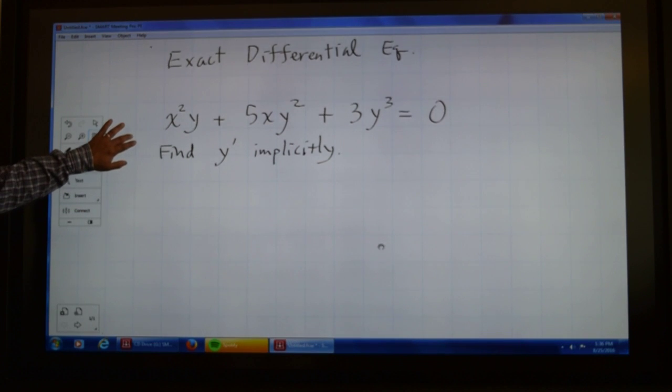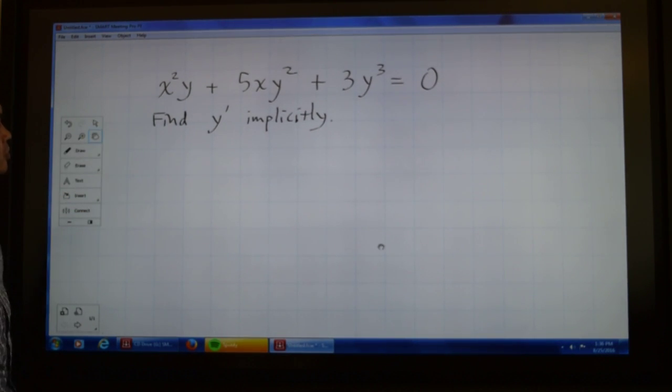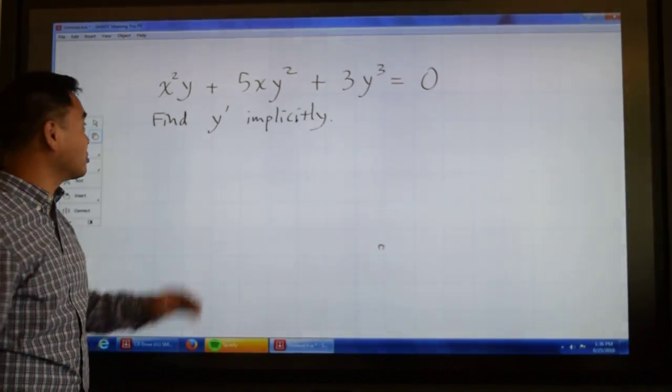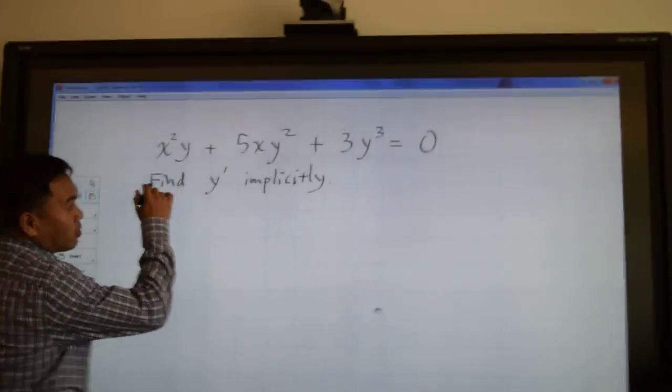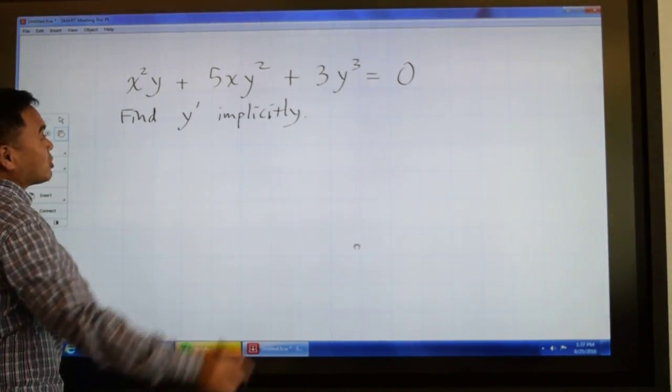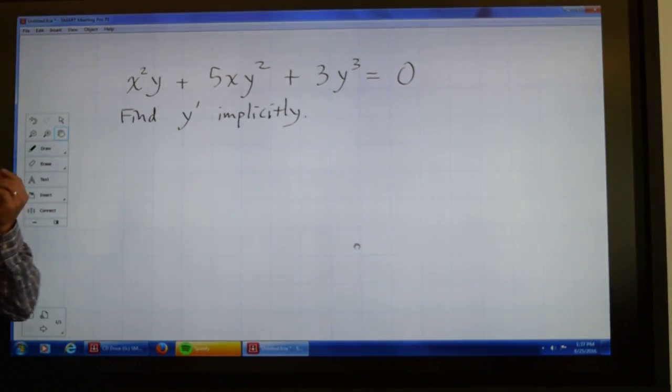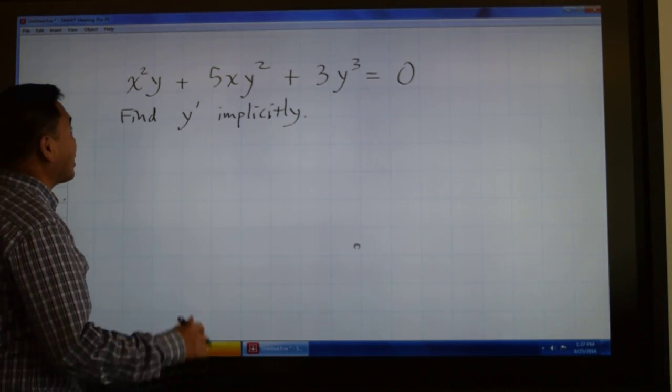Then you solve such questions in Calculus 1 by using the appropriate chain rule or product rule as you need. All you have to do is differentiate everywhere, knowing that y is a function of x. You have to keep that in mind. Okay, y is a function of x.